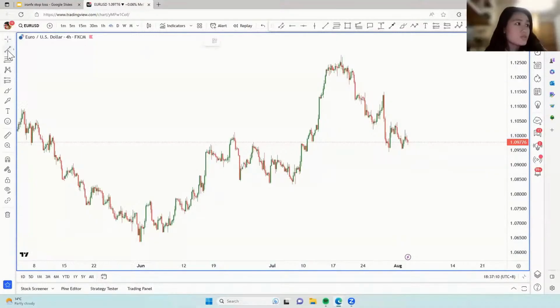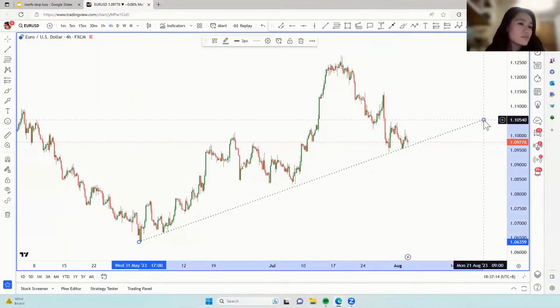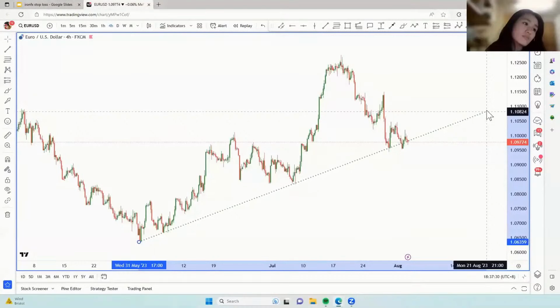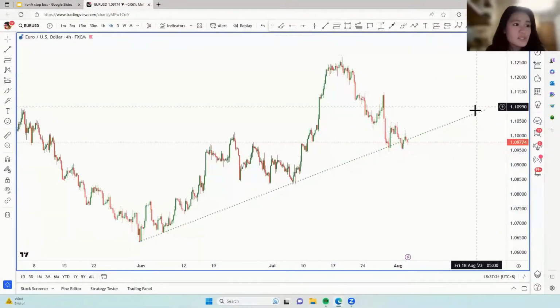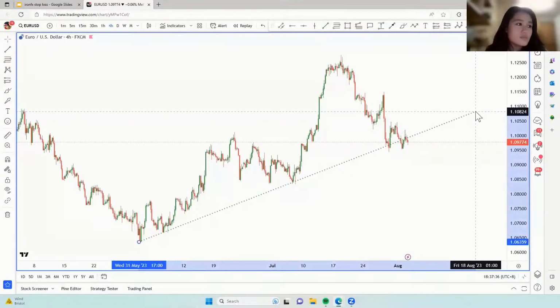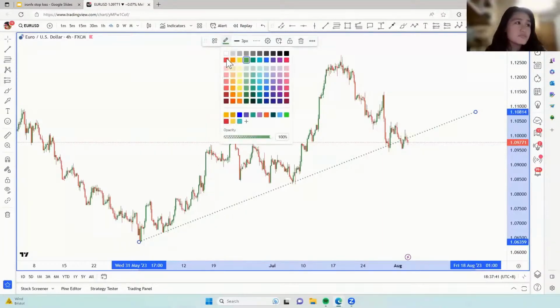Now let's take a look at our 4-hour time frame. Okay, it does look like price is breaking out of the ascending trend line here.